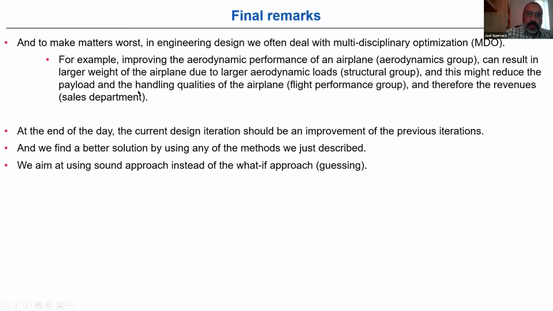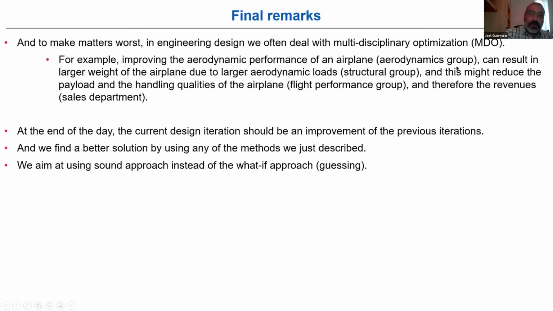Okay, so when we talk about multidisciplinary, the classical example is the aeronautical industry, like, for instance, you want to reduce drag. So you go to the aerodynamics group, but then this aerodynamic group will give you a design that will increase lift, reduce drag, for example. But then the structural group will give you an airplane with a larger weight because they need to reinforce the structure.